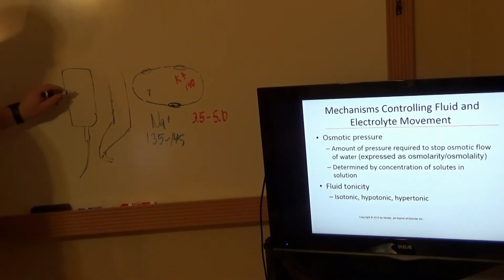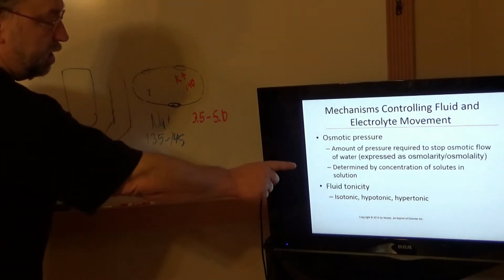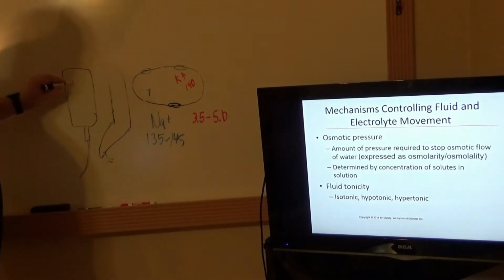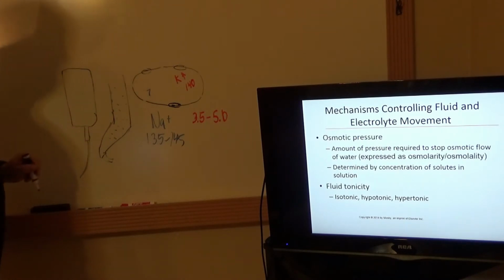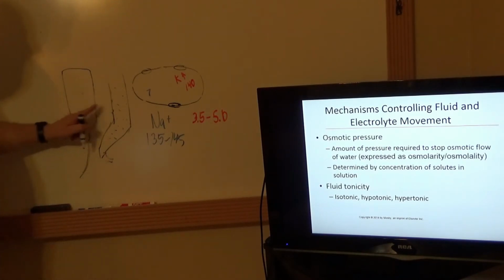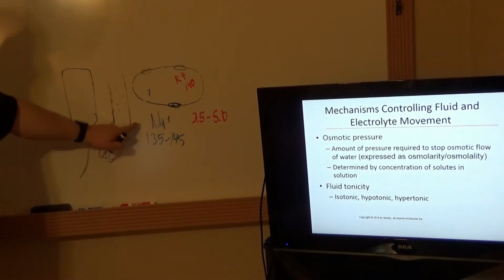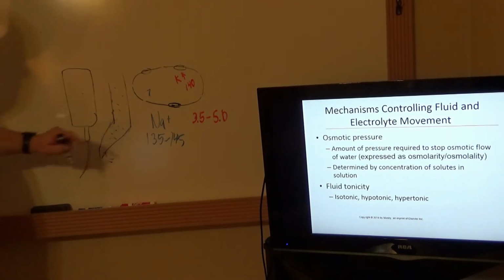So if you looked in here, if you have a hypotonic solution, let's say this is the amount of stuff in it, the amount of solutes. And over here, the amount of solutes in this person's fluid is about that much. Well, this is hypotonic. There's not as many solutes in here as there is in there, right?